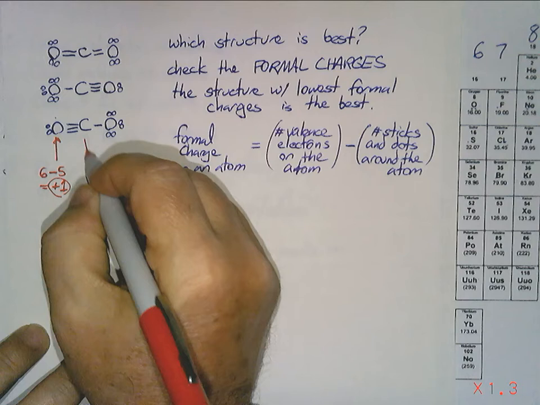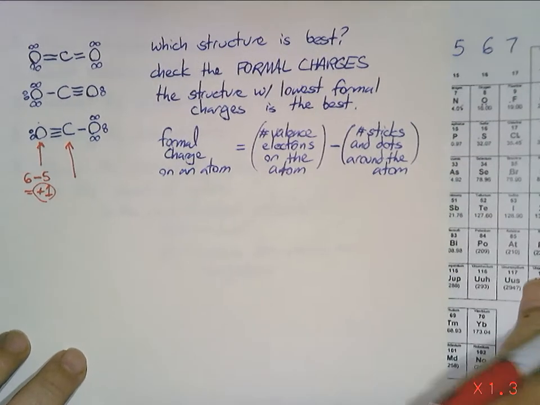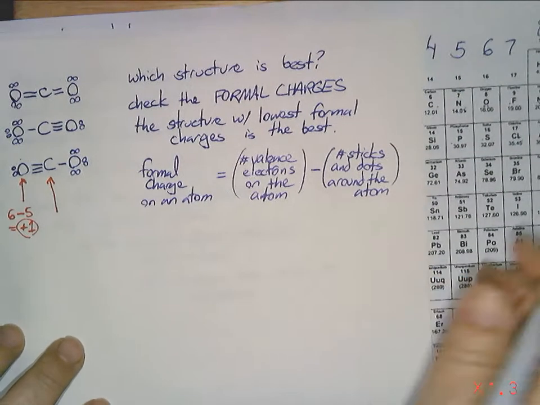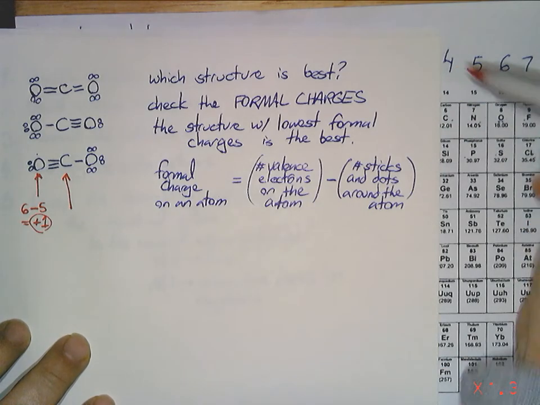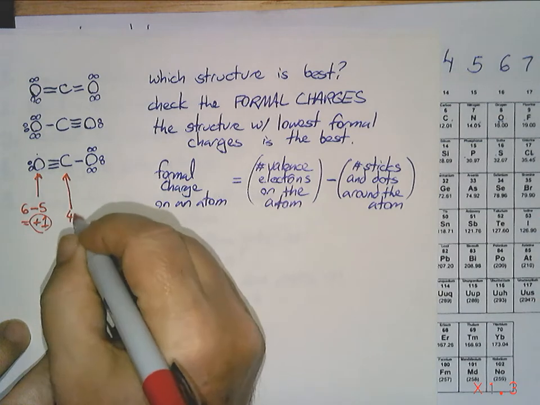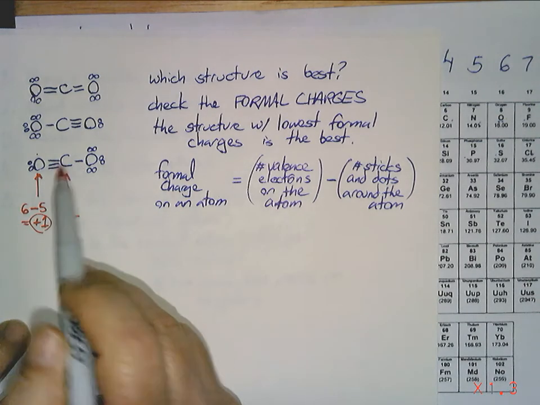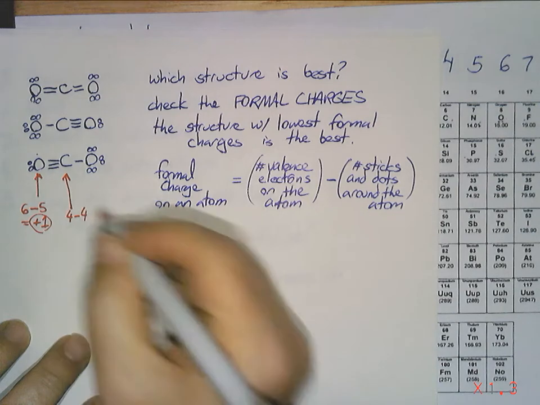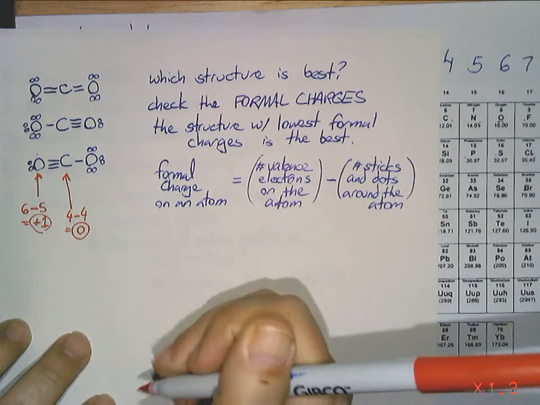Now let's do the formal charge on the carbon. If we look at carbon on the periodic table over here, it's in the column that has 4 electrons. So we have 4 valence electrons minus how many sticks and dots? Well, there are 1, 2, 3, 4 sticks. So it's 4 minus 4, which is a formal charge of 0 on that carbon.